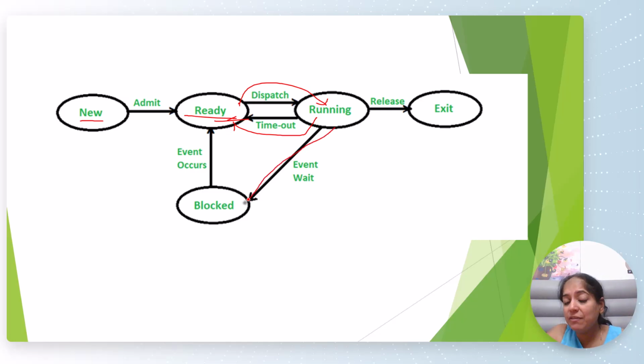Or if it waits for an external event like user input, output or file reading, it comes to the blocked or waiting state. Once that event occurs, it goes back to the ready state. So this cycle goes on. And when the process completes, it goes to the terminated or exit state and releases all of its resources.